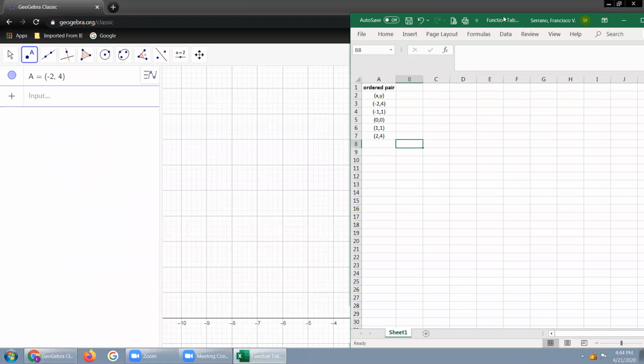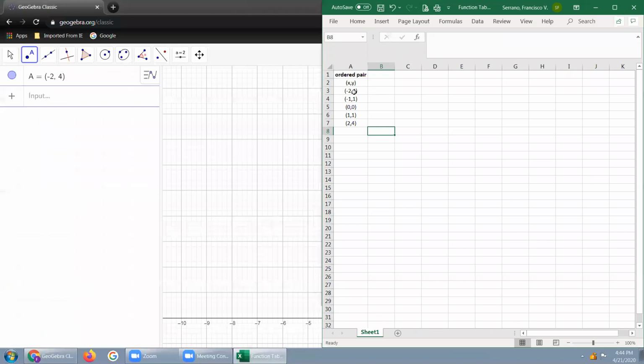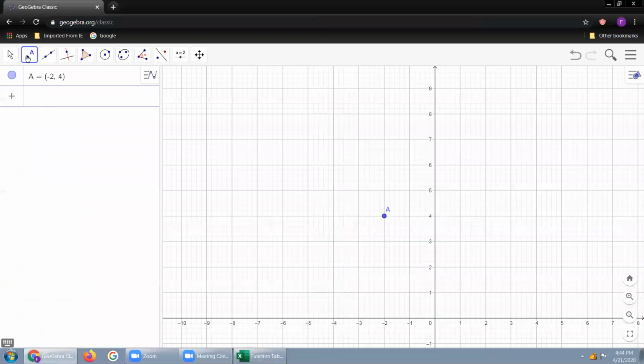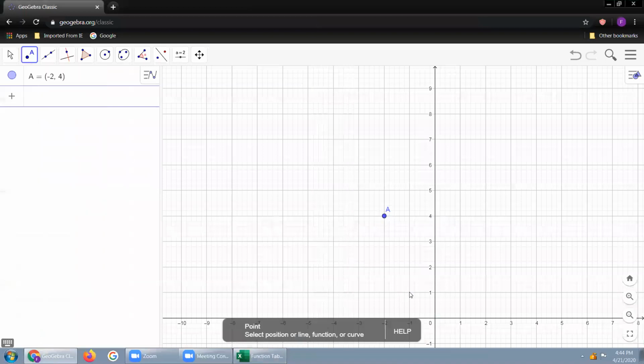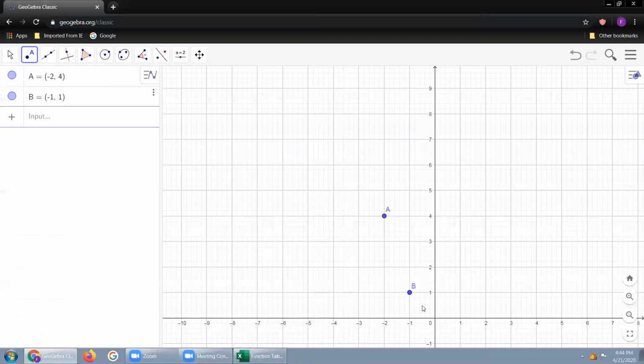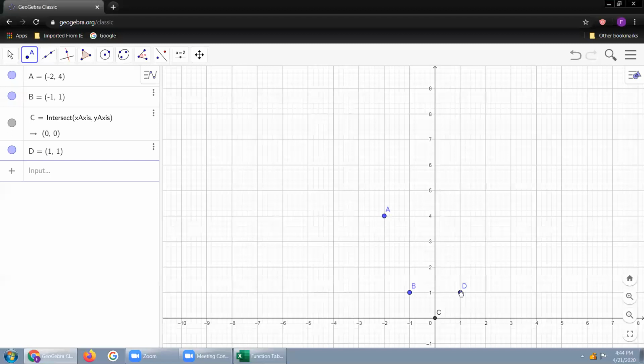Those are my points: negative 2, 4. Then the next point is negative 1, 1. Then 0, 0. Then 1, 1 again. And then 2, 4 again.